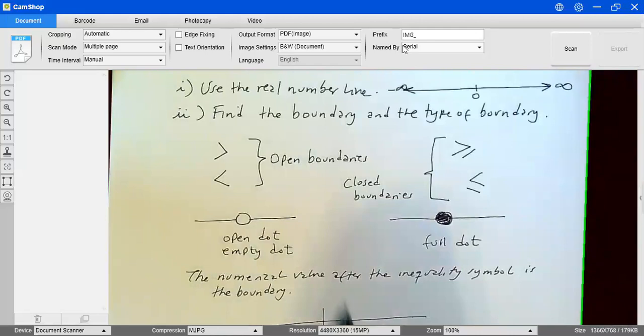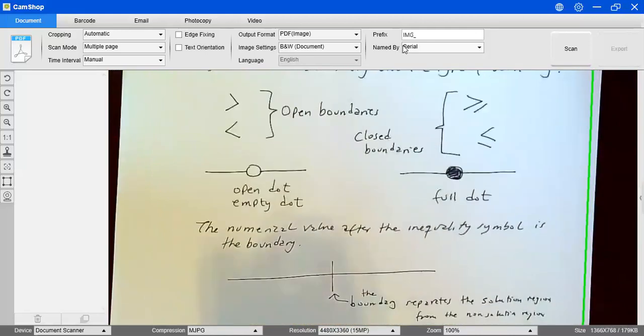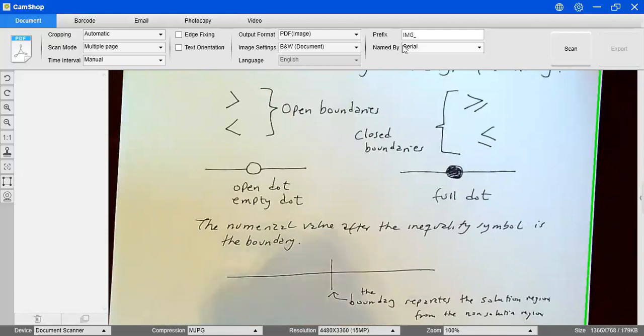So you can write here: open boundaries are not part of the solution, whereas closed boundaries are part of the solution.